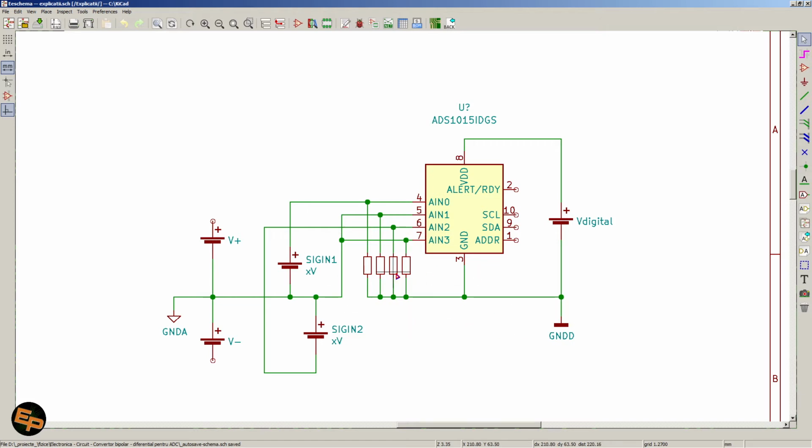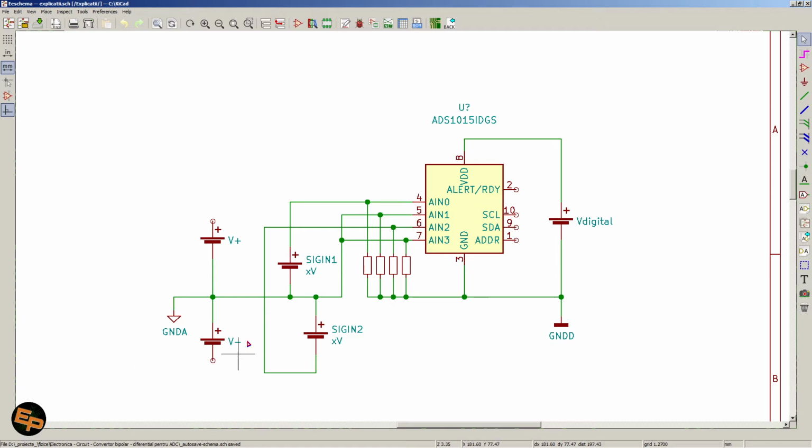These are not actual resistors on the outside of the circuit. I'm pretty sure they are not actual resistors on the inside either, but these impedances do exist, okay? And they are here just for clarity's sake.